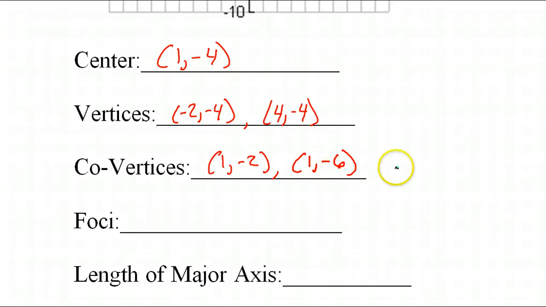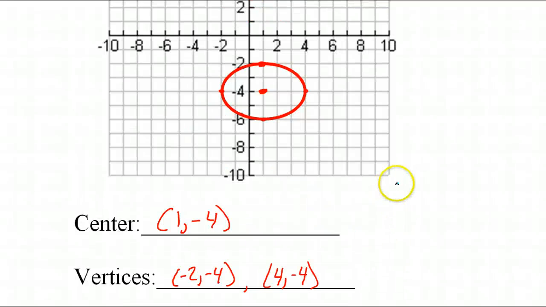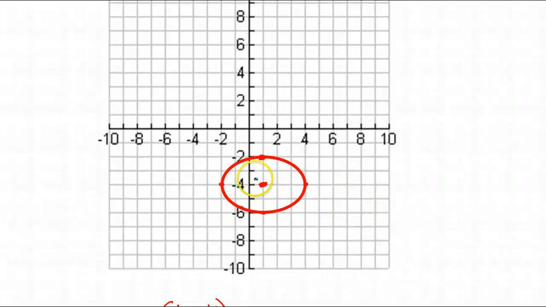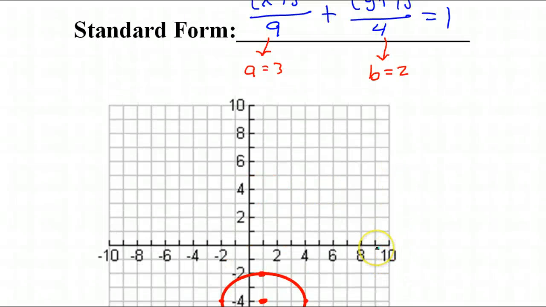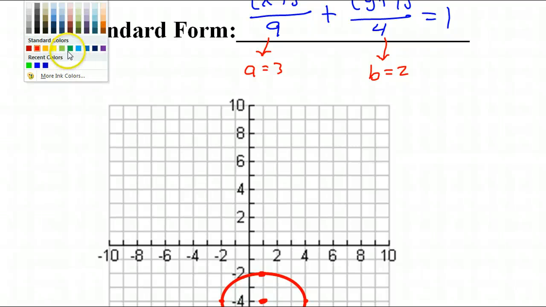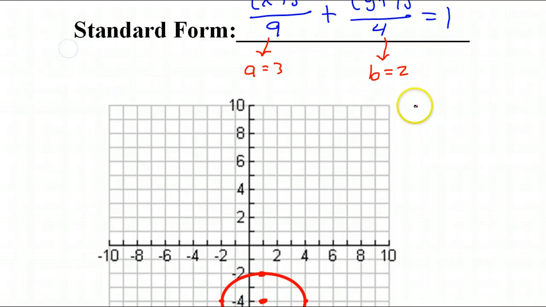Now, as far as the foci, they always go the long way, and they are a C value, so we're going to need that C value again. We have A and B. For ellipses, C squared is equal to A squared minus B squared, not plus like it was for hyperbolas.